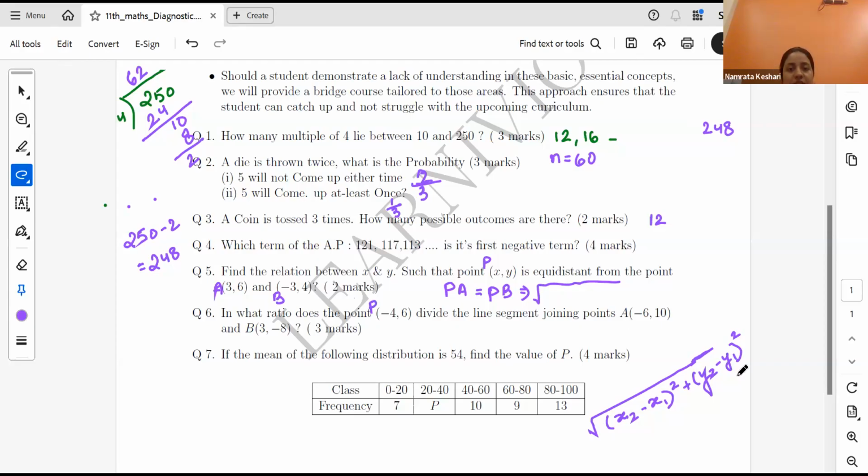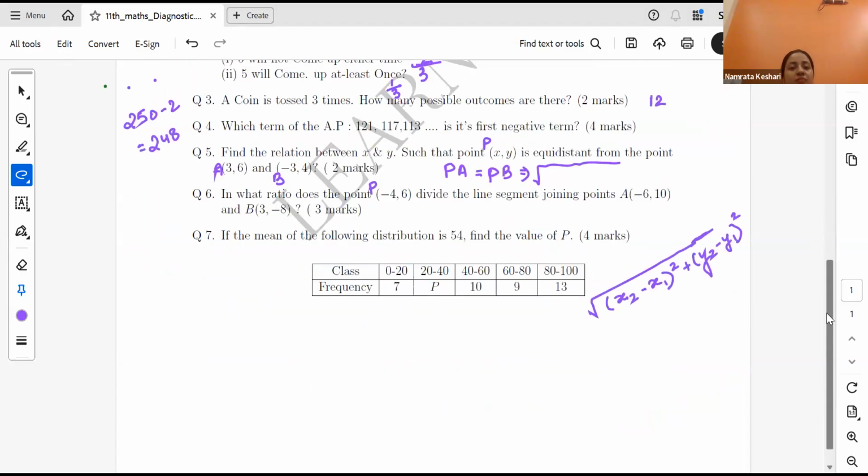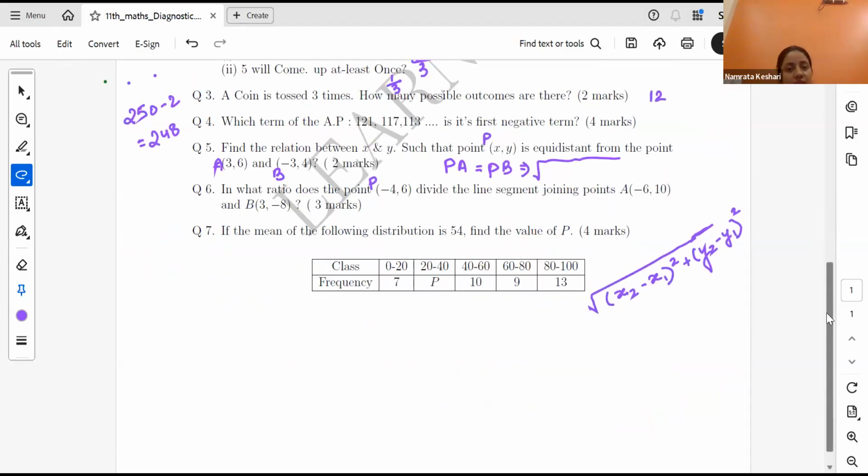Yes, Miss. Will you be able to find? Are you able to recall the section formula, Maryam? Yes. (mx2 plus nx1) by (m plus n), (my2 plus ny1) by (m plus n). Perfect.